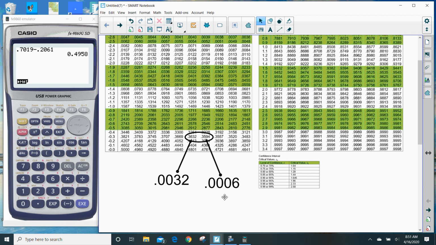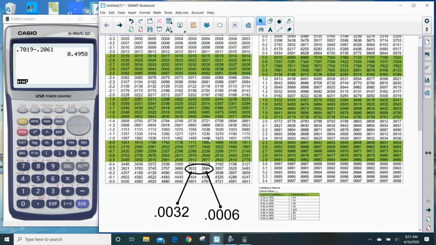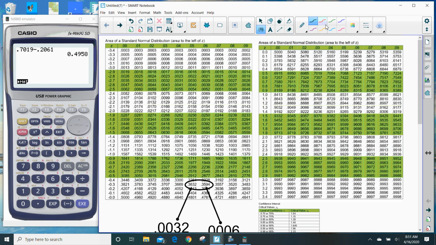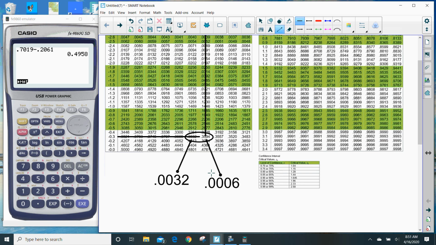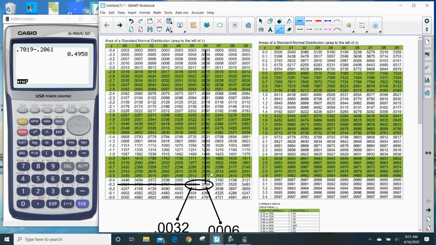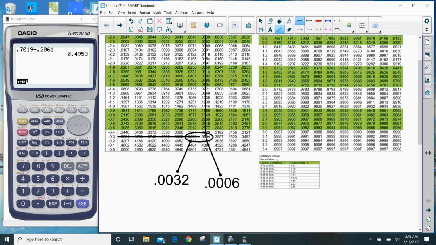All right, so we see that this one right here is much closer. So this is the Z-score that we are going to take. The Z-score that we are using in this situation is that guy right there, which happens to be 0.36. That is our Z-score, and that's how we reverse engineer going from an area back to a Z. So 0.36.